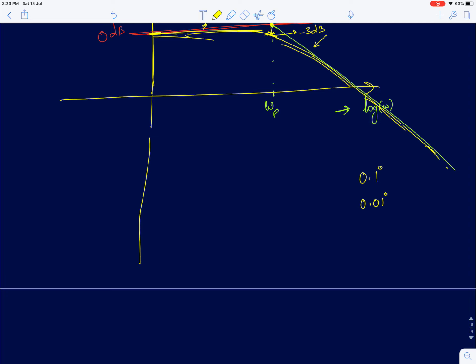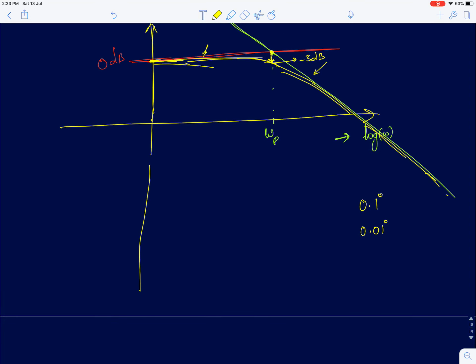But when it's an amplitude variation from 0.1 to 0.01, that's like the gain itself is reducing. The amplitude of the sine wave is reducing by 10 times. That's a big change. But this phase shift of 0.1 degrees to 0.01 degrees isn't much of a change. So the waveforms are going to look very similar.